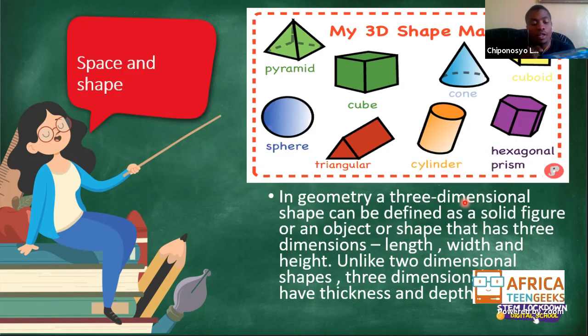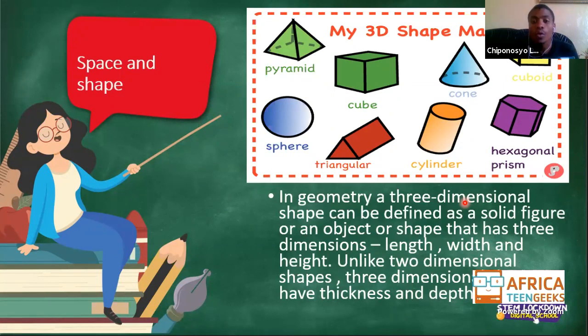An edge is where 2 faces meet, where 2 faces touch. How many edges? 1, 2, 3, 4, 5, 6, 7, 8, 9, 10, 11, 12. Vertex, remember, a vertex is the corners. How many corners? 1, 2, 3, 4, 5, 6.